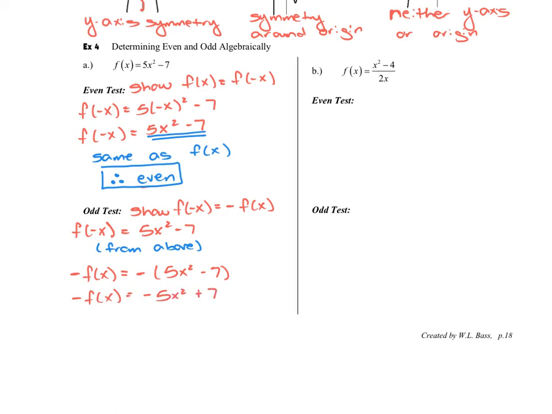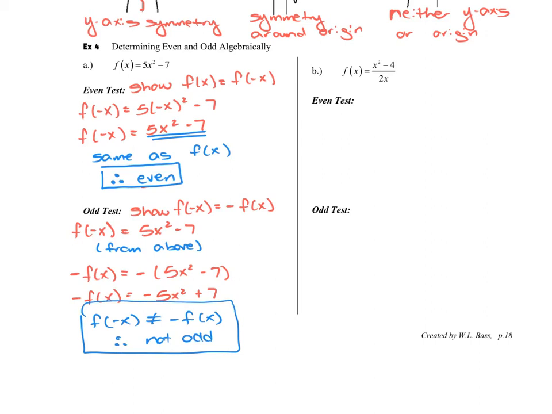So I can see here clearly that my f of negative x is not equal to my negative f of x. Therefore, this function is not odd. They would have to be the same. So that's our conclusion.